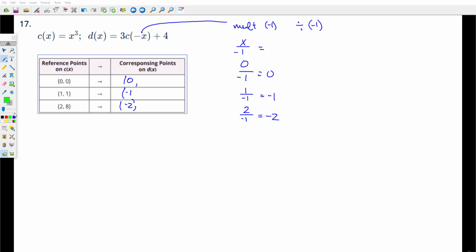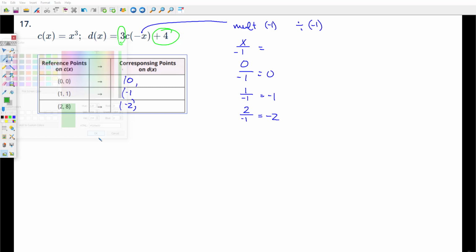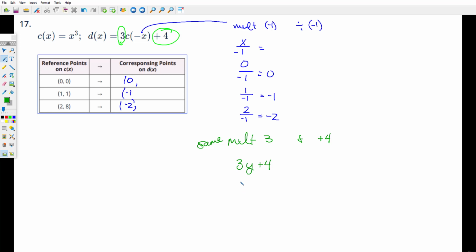So now let's find y's. Well, y has two different things. We have our multiply and we have our add. Let's make that a little bit darker for you. So I'm going to multiply by 3 and add 4. And so these both do the same operations because they're outside and they change the y. And so 3y plus 4 is my format.